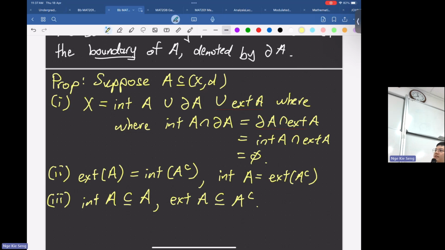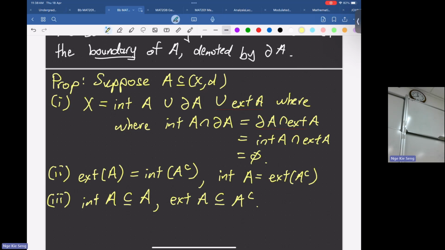All right, let's discuss this statement here. For the first part, is it clear that the interior of A, partial A, and exterior of A are mutually disjoint? Of course, by definition. Let's say x is in the interior of A. What does it mean?